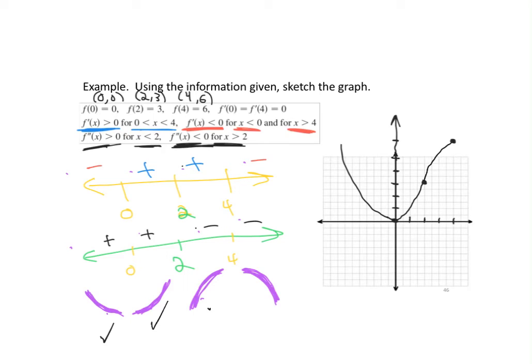Notice what happened here is an inflection point. And then after 4, we are decreasing and concave down, which means the function is going to look something like that. We're going to learn pretty soon a more precise way to make a graph, but everything we're doing here is essentially the idea.